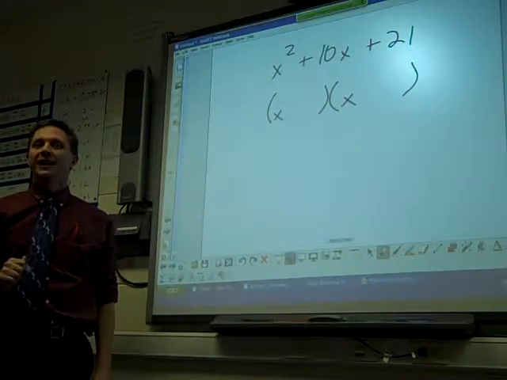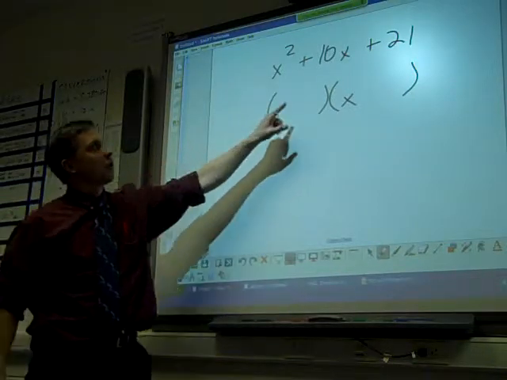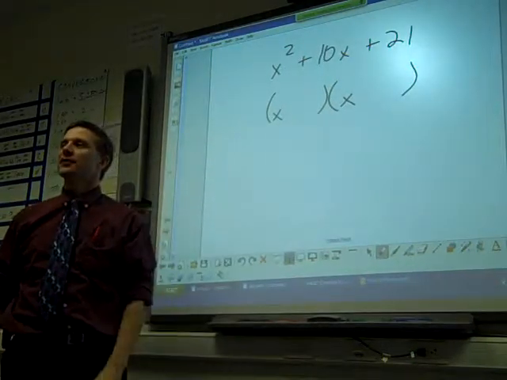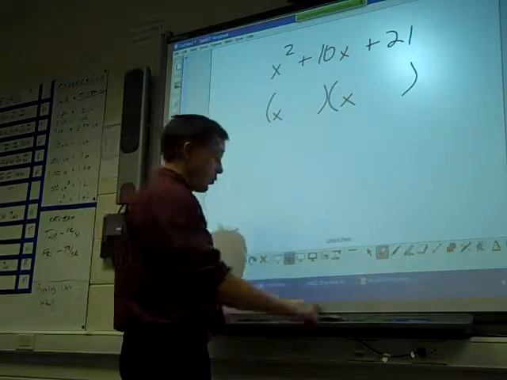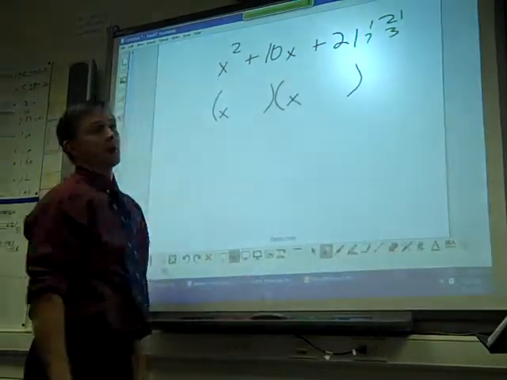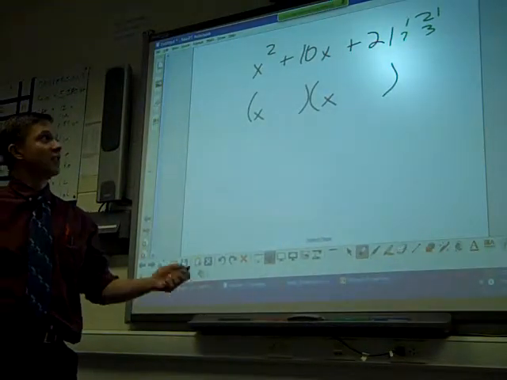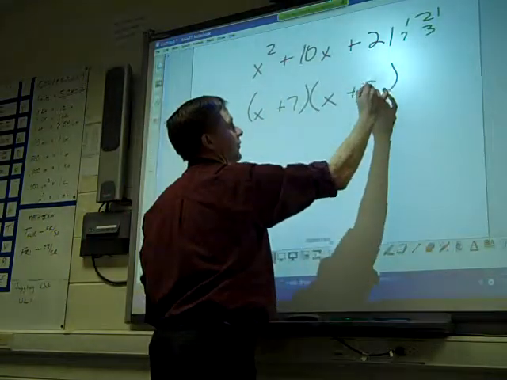Not every trinomial factors, though for a while, everyone in the homework does. All right, so what times what? What are the factors of 21? 7 and 3, and 1 and 21. Let's not forget 1 and 21. And which two work when you add them together? 7 plus 3.